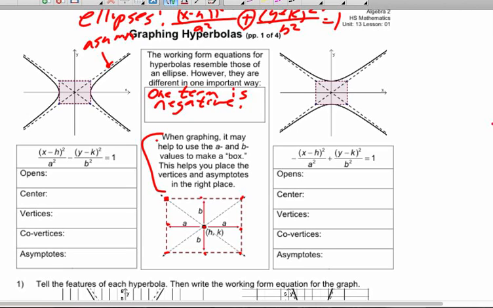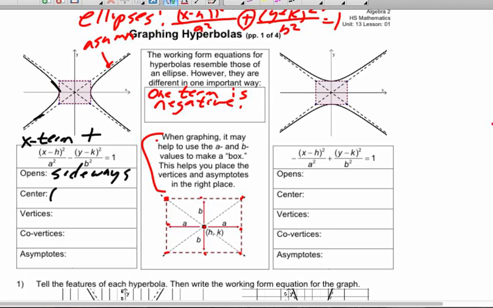Now, you notice that the x term here is positive, which means this is going to open sideways. And I forgot to remind you, hyperbolas, remember these are the ones where we taped the two cones tip to tip and then cut down the middle. And so you're seeing the cut of one cone here and another cone here.